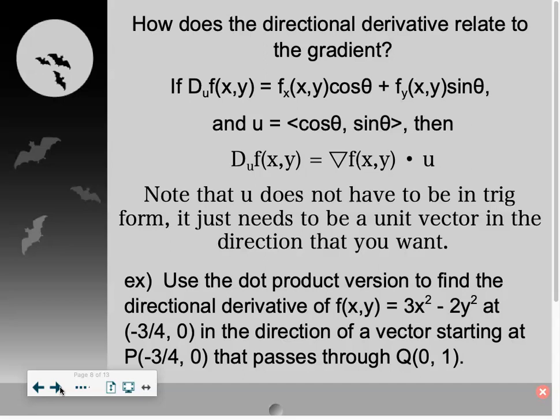If the directional derivative is partial x cosine theta plus partial y sine theta, and remember that your u is the vector that gives you the direction that you're going in, if your u is cosine theta sine theta, then what is the directional derivative really? It's just the gradient dot u. It's just the dot product of the gradient and your direction vector u.